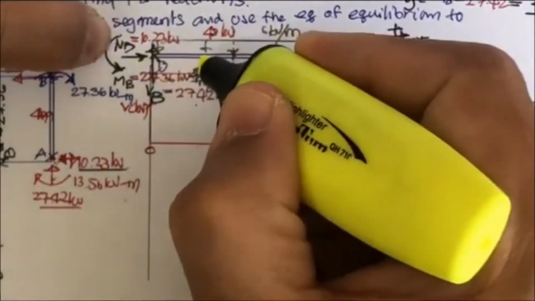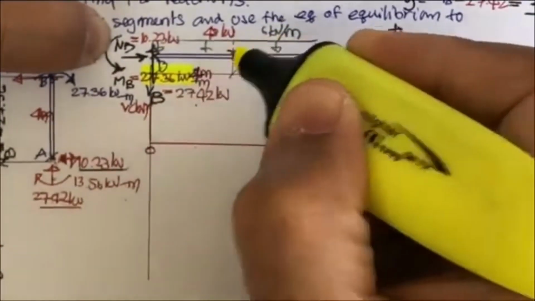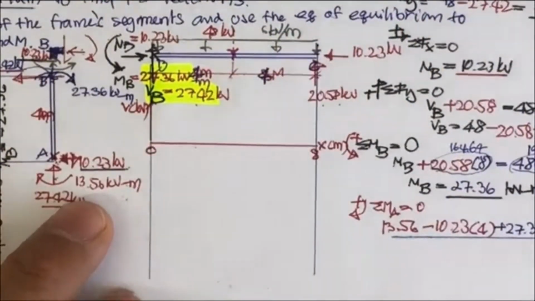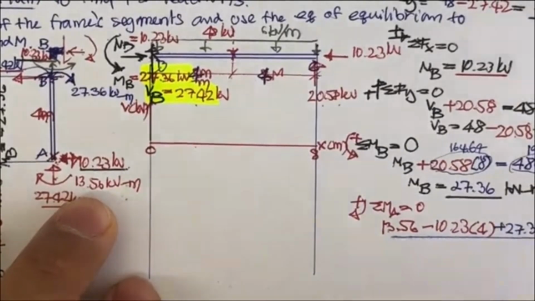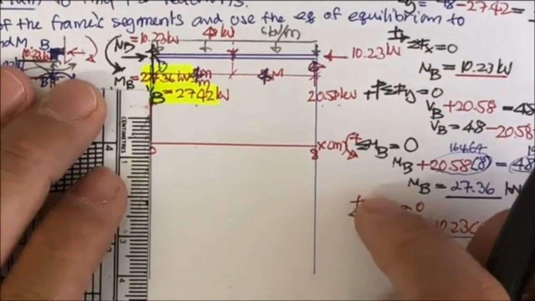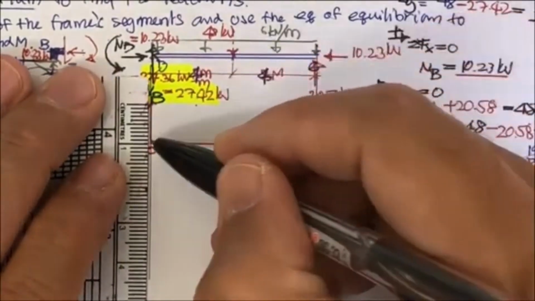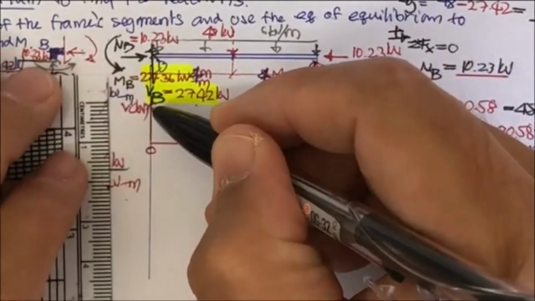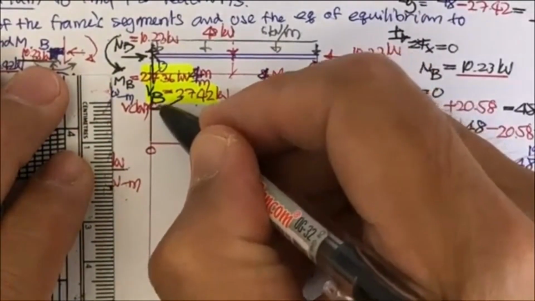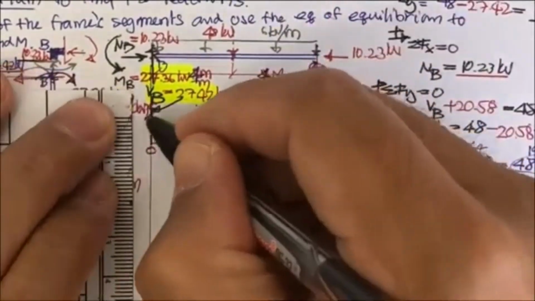The shear force is going to be this one, sorry, this one, right? 27.42. So this one is going to take up for 27.42. Let's say if this is 30, 27.42 is maybe around here. Okay, this is 27.42 and it's up.